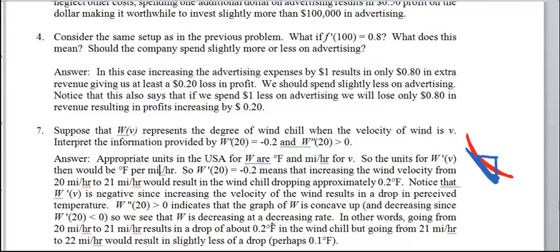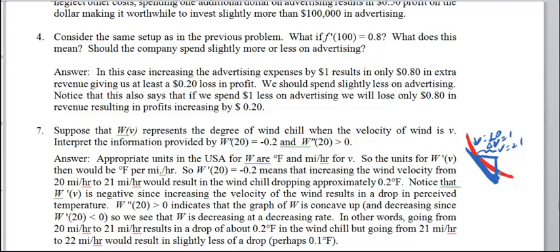What this is saying is, if we knew what the wind chill was right there at that point, then we could subtract 0.2 to approximate what it is here at 21. So this is V equals 20 miles per hour. Over here is V equals 21. So delta V is 1.